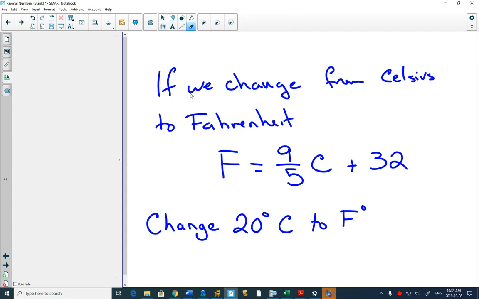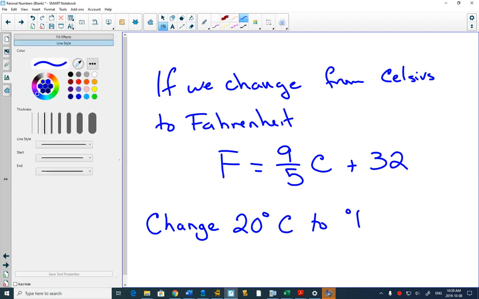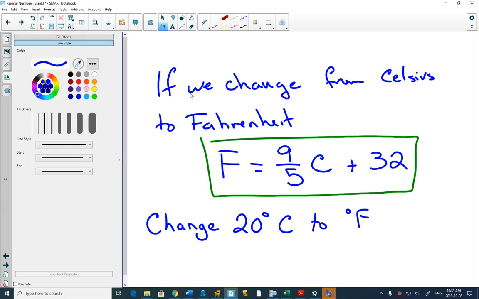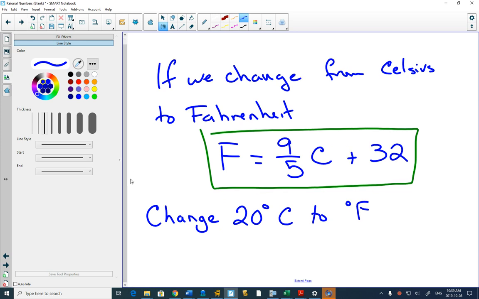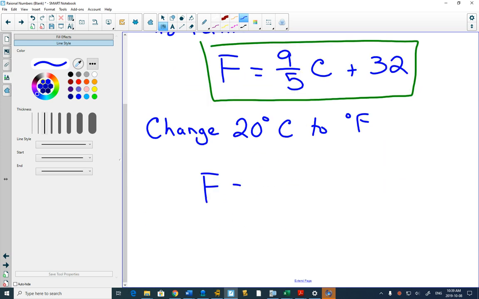oops, the degrees should be here, degrees. So you have 20 degrees, that's what you want, you set your hotel room, and this formula here changes from Celsius to Fahrenheit. I picked a number that we could actually do mental math with if we wanted to.